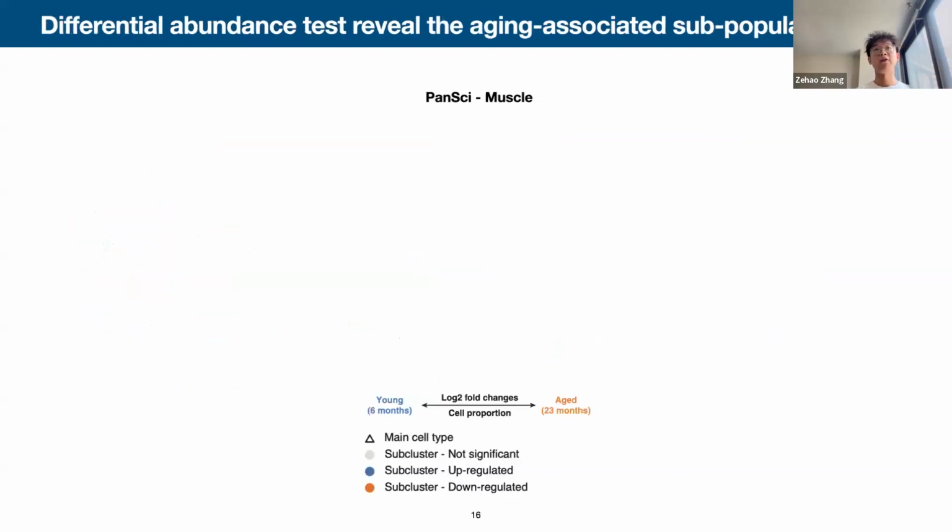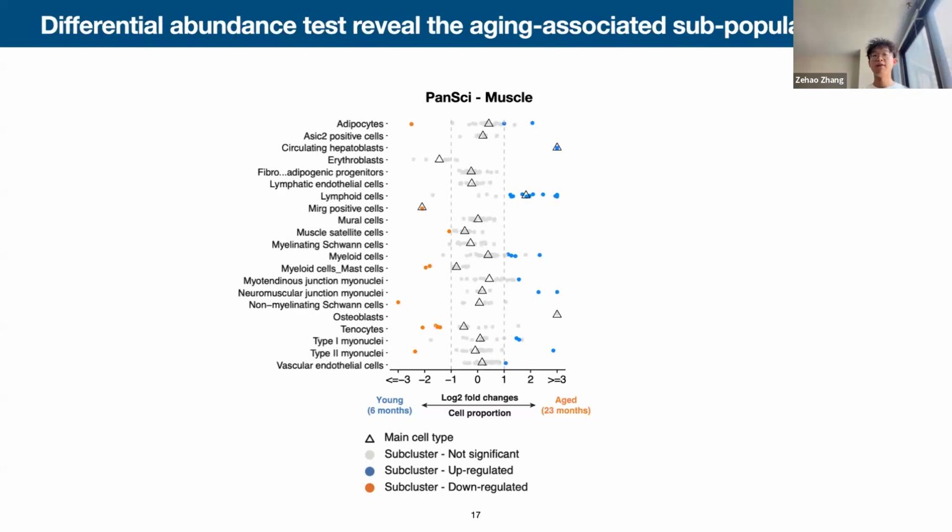Here I'm showing you one example in the muscle. We are trying to identify the cell population changes in the young and aged groups, and find if there is a cell type that underwent a significant depletion or enrichment in aging. Let's just focus on the triangle here, where each triangle represents a main cell type and its fold change.